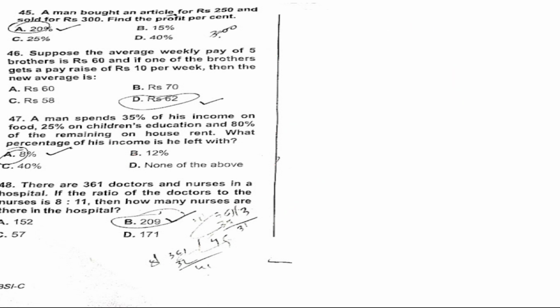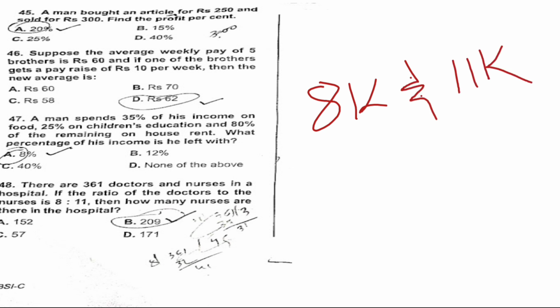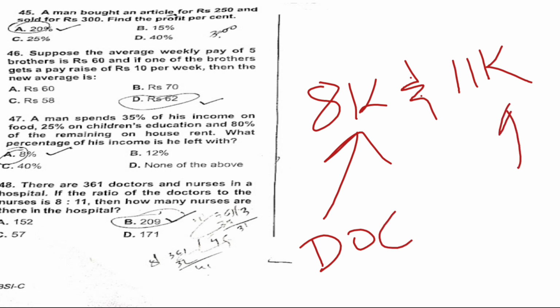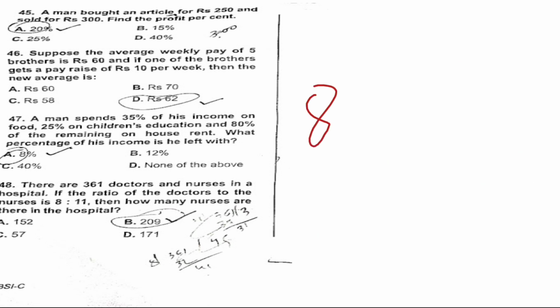So we take 8K and 11K. Let 8K be the total number of doctors and 11K be the total number of nurses. We don't know the value of K, we have to find this. So 8K plus 11K, what is the total value they gave? It is 361.